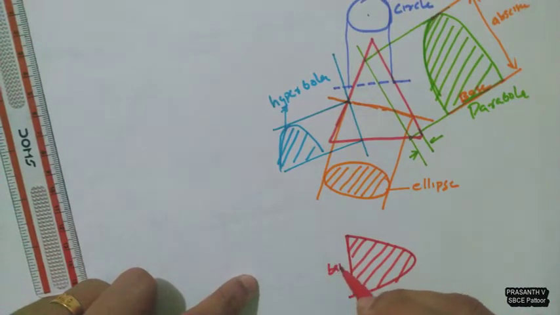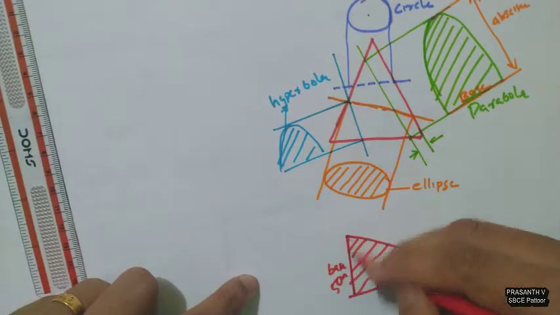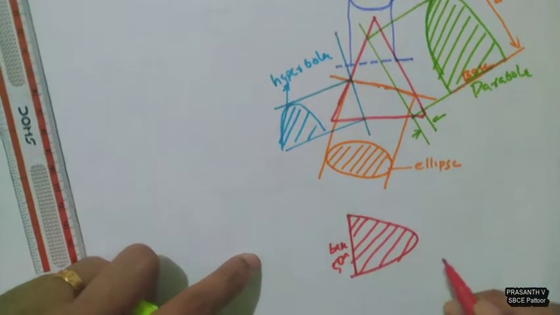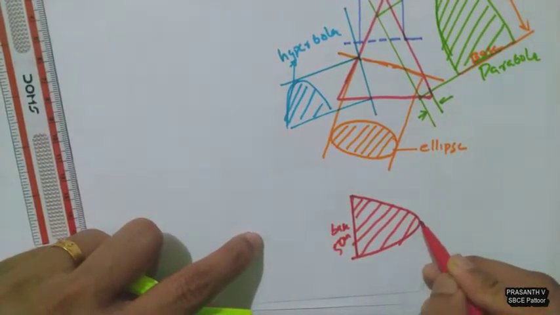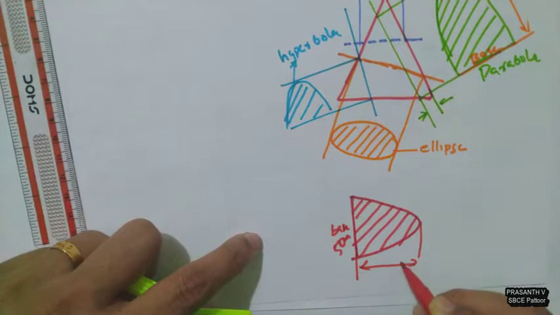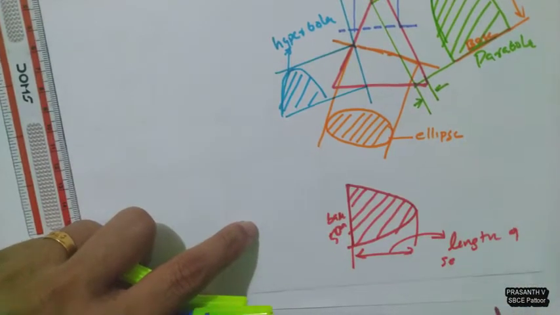This is the base. Here we have 50 mm. This base will serve as the vertical distance in top view, and this length will be the length of the section plane.